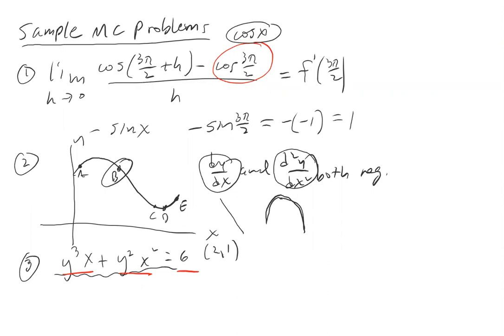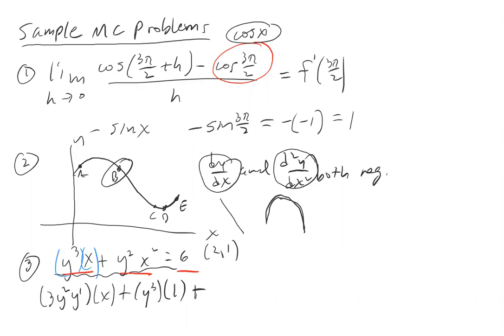Now the first term is a product, so you have to use the product rule. Derivative of the first, 3y squared times the derivative of y, which is y prime, times x. Leave the second one alone. Plus, leave the first one alone, derivative of the second, 1. And remember, when you do implicit differentiation, the derivative of x is 1. The derivative of y is dy/dx, or y prime.